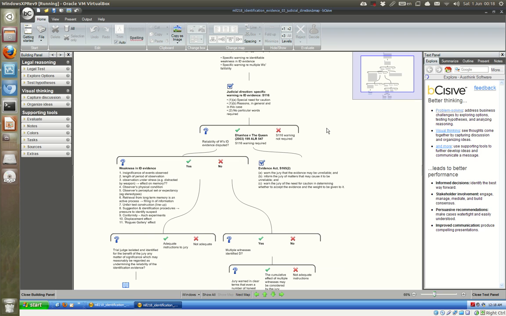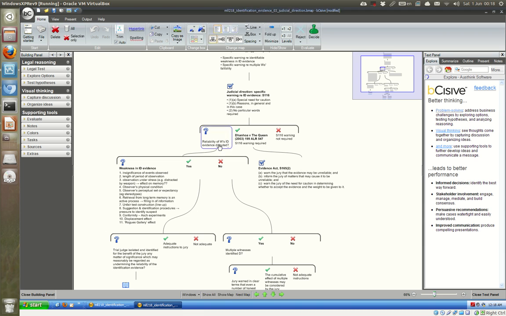So if the reliability of the identification evidence is disputed, then the warning is definitely required, as was expressed in Domican against the Queen 2003.